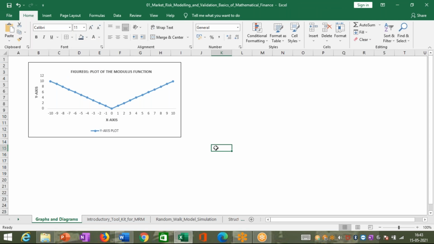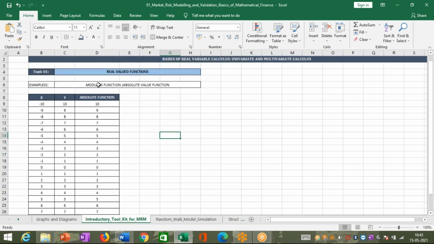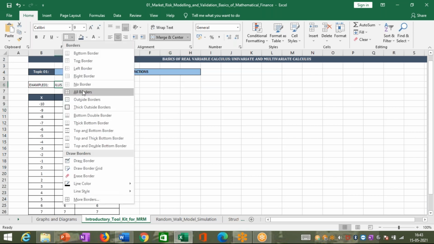So what do you think is one of the most important characteristics of this function? What should be one of the most important observations that you can have from this function?